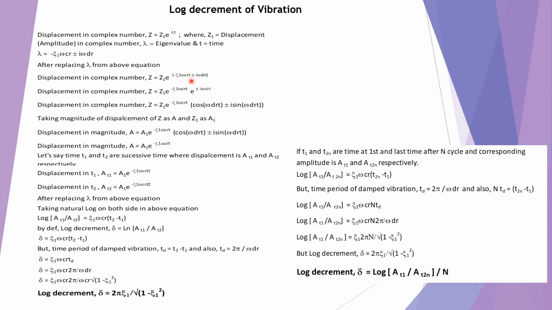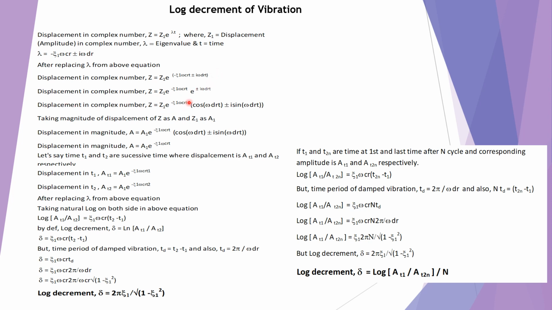Sorry, t is also multiplied here, so z is equal to z1 into e to the power [minus zeta 1 omega cr into t plus minus I omega dr into t].